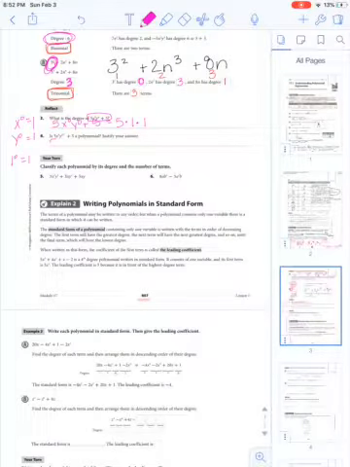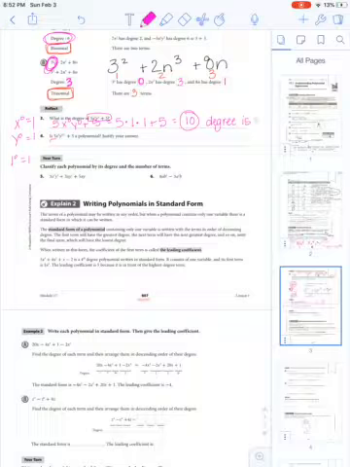Okay, plus 5, well, that's going to give us 5 times 1 is 5, times 1 is 5, 5 plus 5 is going to give us 10. Okay, but it is a number, so our degree is 0.